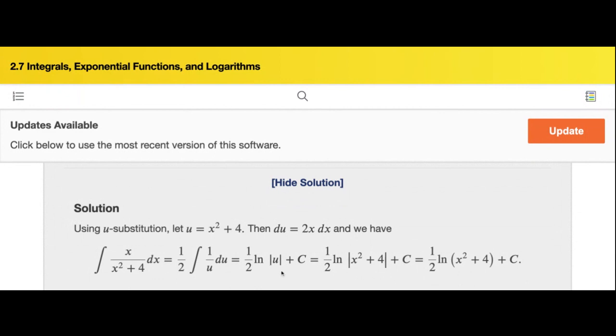So half of ln absolute value of u plus a constant. U is just x squared plus 4, and x squared plus 4 will always be a positive number. So we don't need to use the absolute value sign to force it. So we just ignore that. In the end, we get a half of ln of x squared plus 4 plus a constant. Anyone has questions?